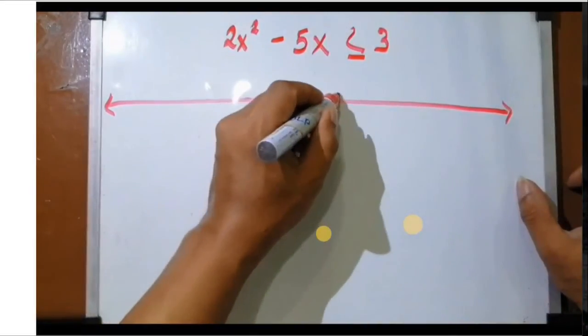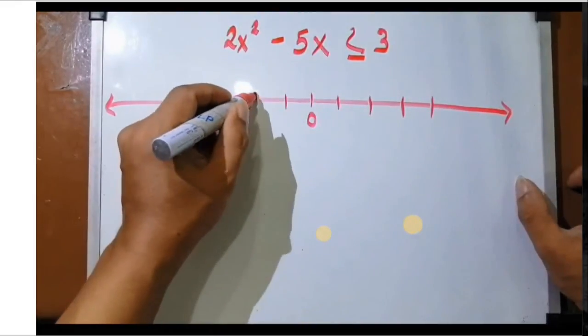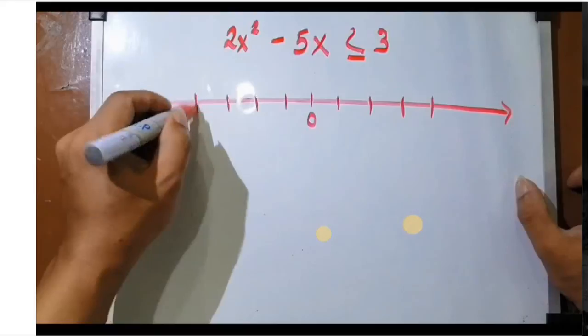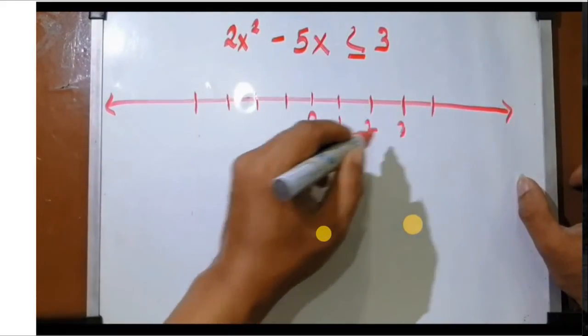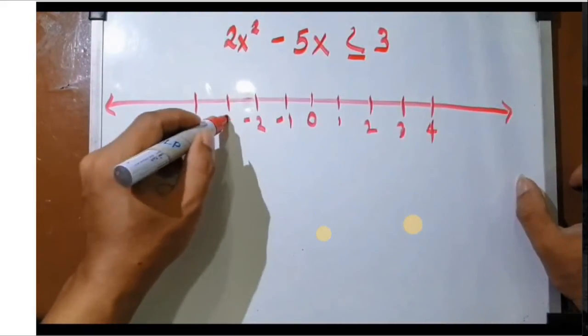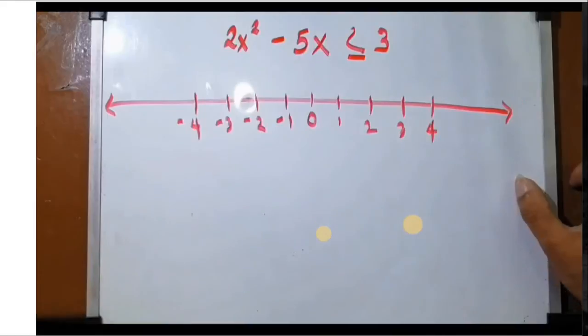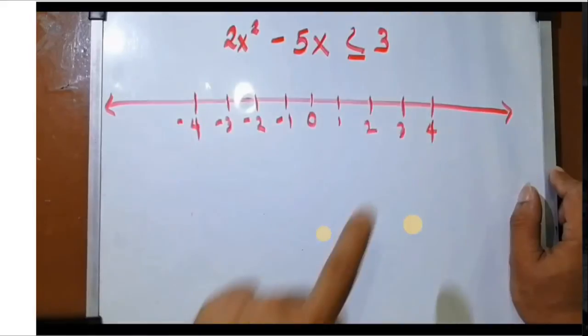So, 0, 1, 2, 3, 4. Negative 1, negative 2, negative 3, negative 4. Okay? So, ngayon, ang nakalagay dito is less than or equal. Okay?